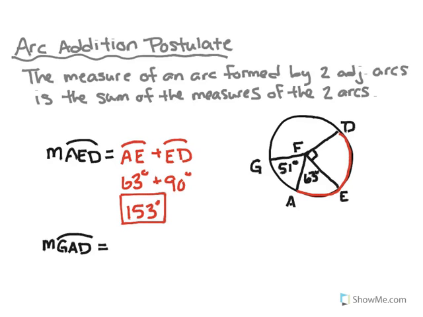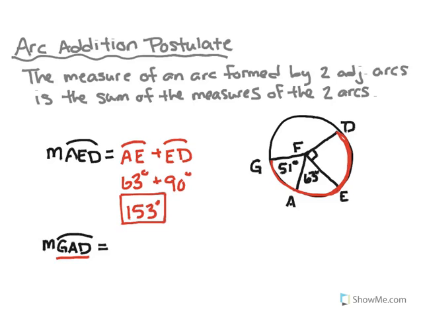So I'm going to add in one more part of this circle. I'm adding G, and that arc from G to A is now 51 degrees. I'm going to ask you for the measure of arc GAD. So now we're going to go from G to A, and we're going to stop at D. This is a good time to note that even though there's more than one letter that I'm going to go through, so it would technically be GAED, we only use 3 letters at most to name an arc, and 2 at the minimum.